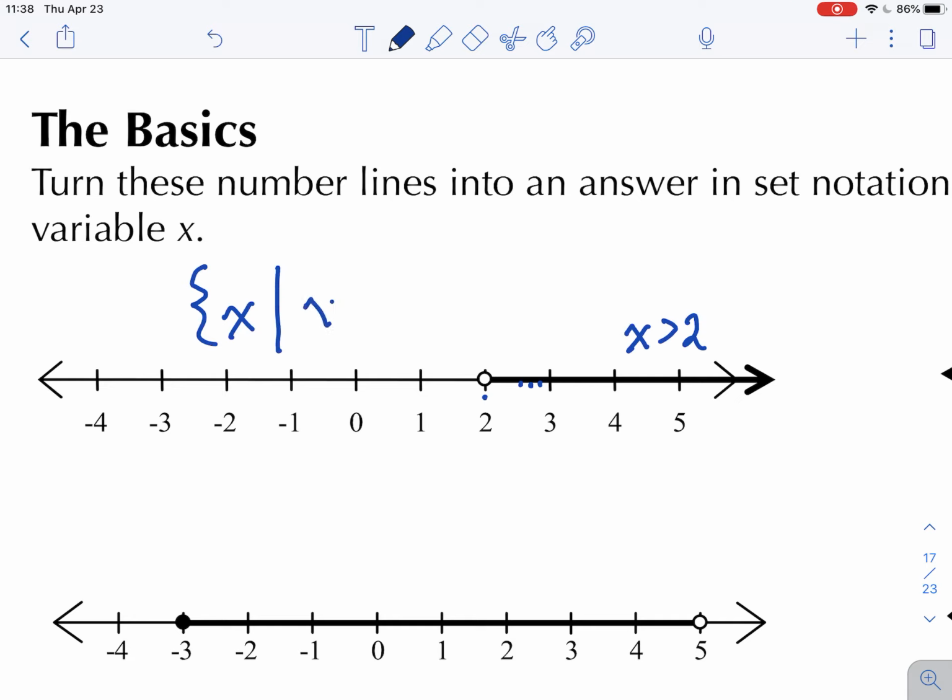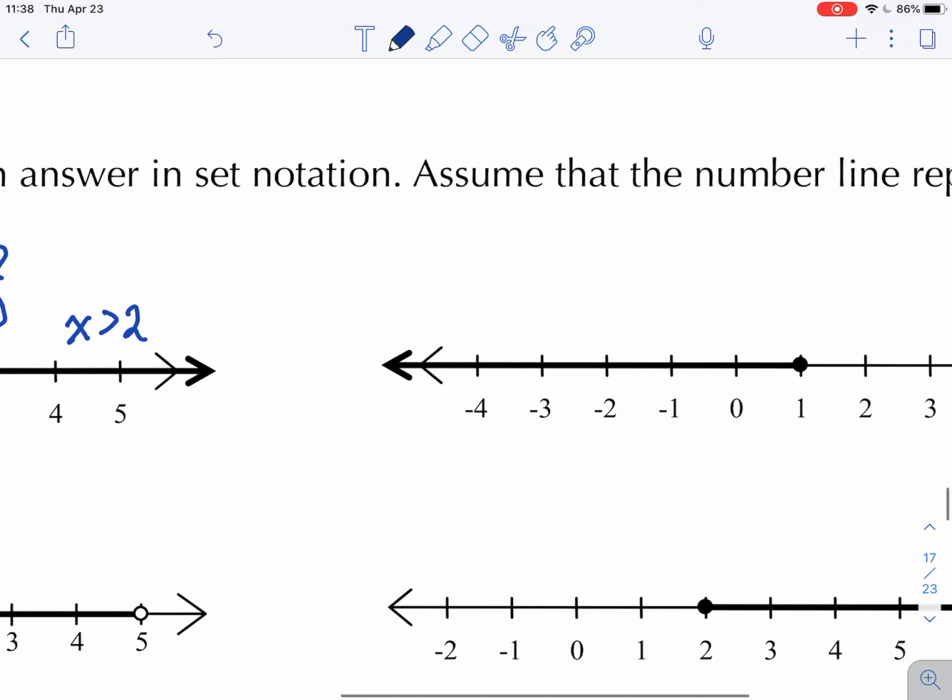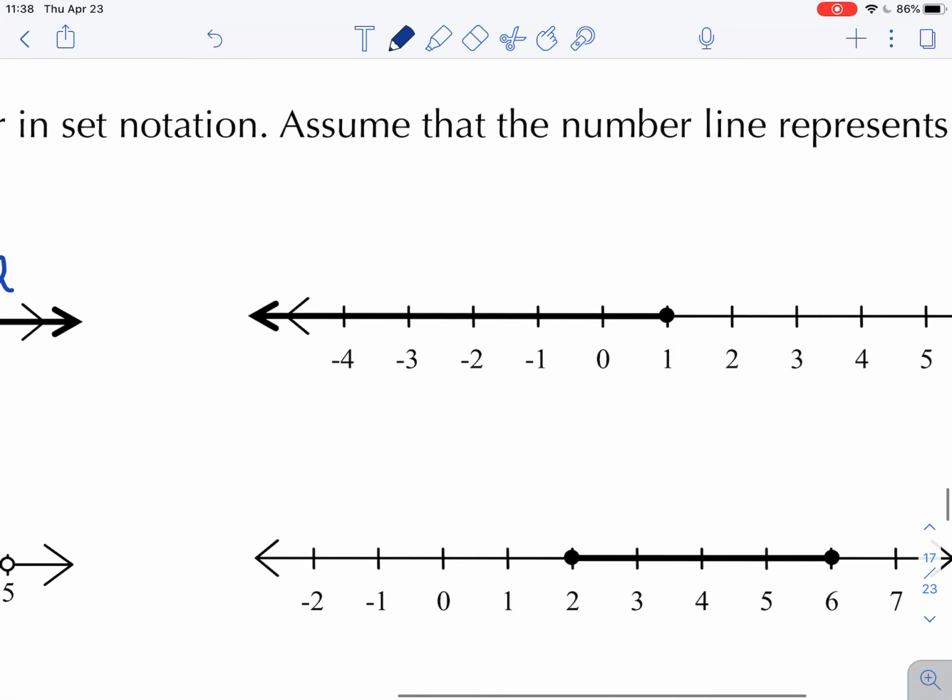So to write this in set notation, this is for the variable x, such that x is greater than 2, comma, and x could be any real number. That's how you read that. Let's look at our second one.